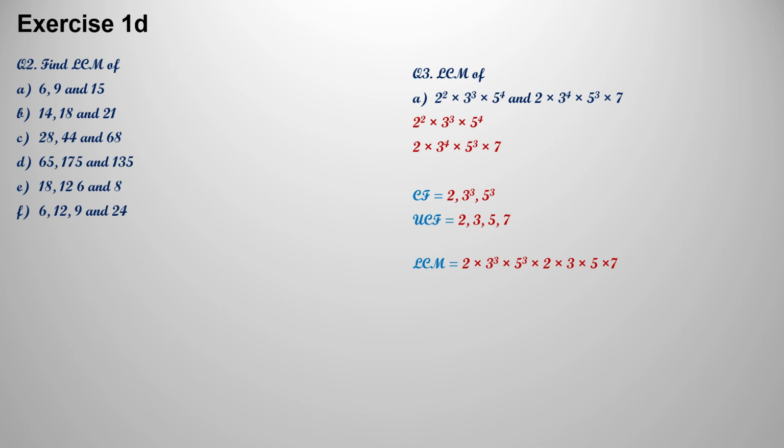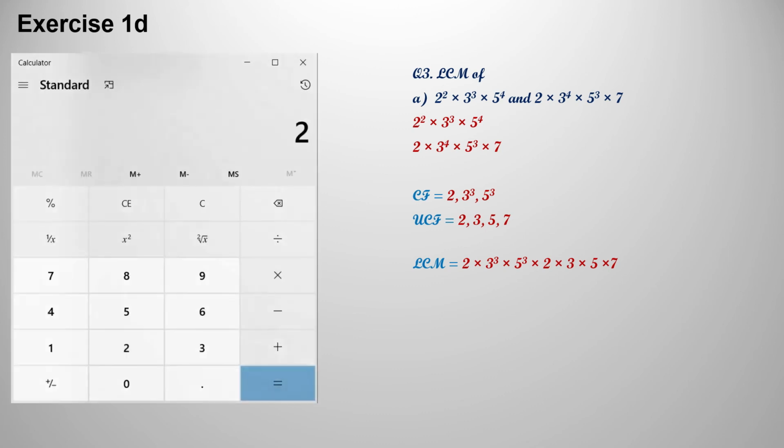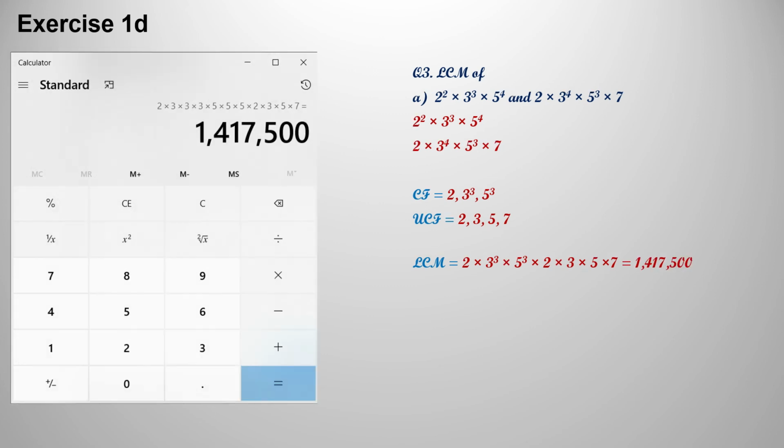All you need to do right now is use a calculator to find out the answer. 2 into 3 into 3 into 3 into 5 into 5 into 5 into 2 into 3 into 5 into 7. The answer is 1417500. Pretty simple, right? Similarly, you can solve part B and part C yourself. Let me know if you have any query regarding that.